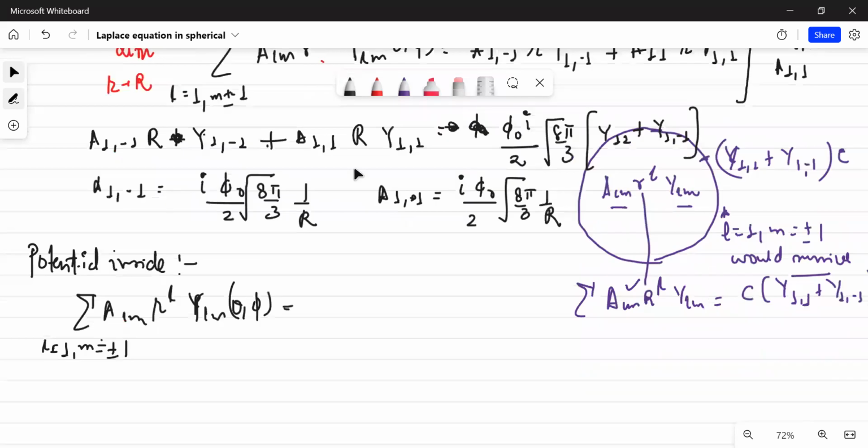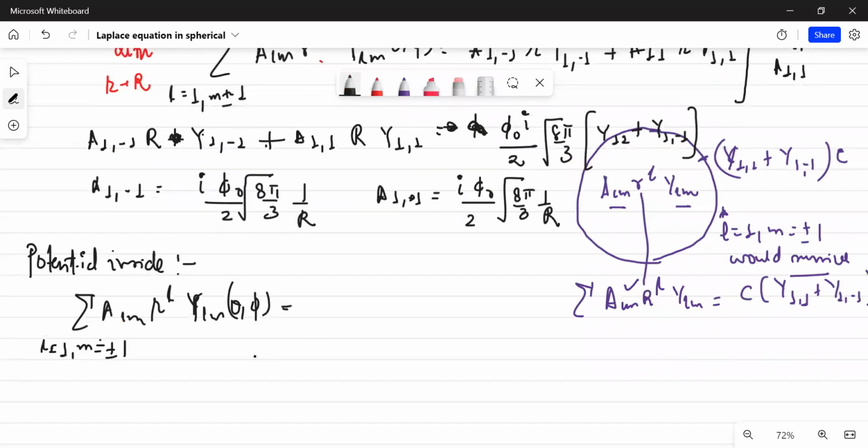So if you expand this, you will find that it is equal to, if you place 1 1, iota phi naught upon 2, forget the 2, so it is root over 2 pi upon 3, because root 8 is 2 root 2. I've written r here, and then you have this A11.